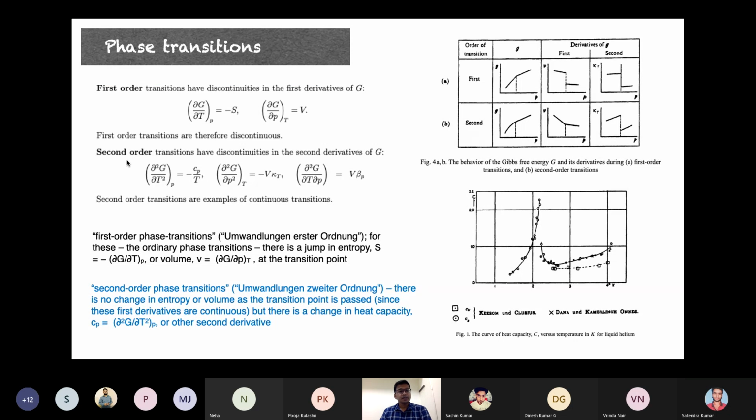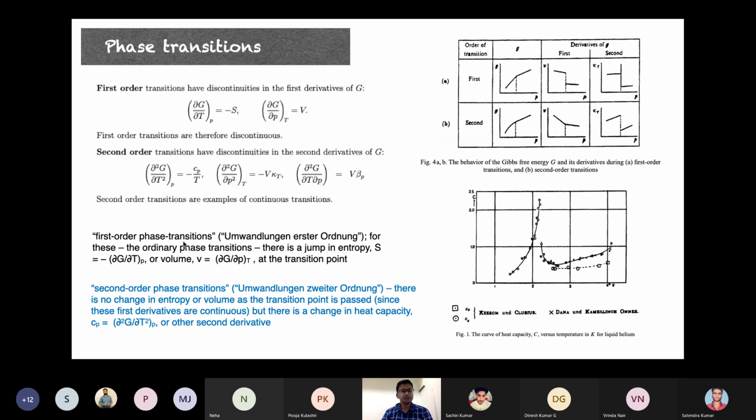The second order transitions, instead, the first derivatives are continuous, but here the second derivatives of G with respect to temperature and pressure are discontinuous. Okay, so these are the two phrases I collected from one paper, originally from the Ehrenfest 1933 paper.